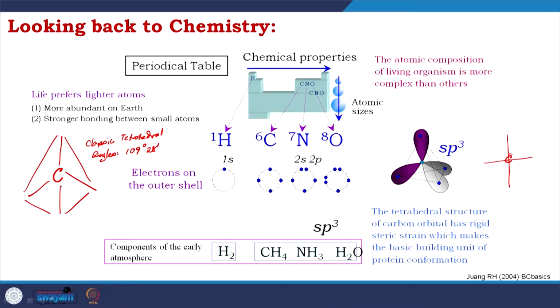suppose this is carbon and they are group 1, group 2, group 3 and group 4. What will happen?